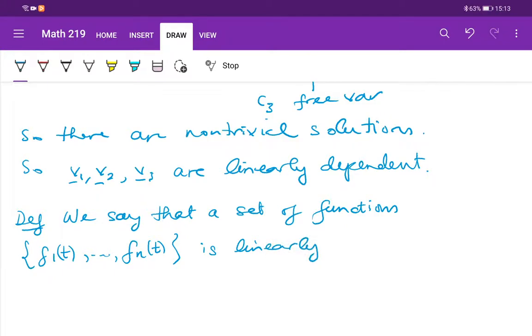Previously I said vectors v1 up to vn; here I should say the functions f1 up to fn rather than a set. It doesn't really matter.